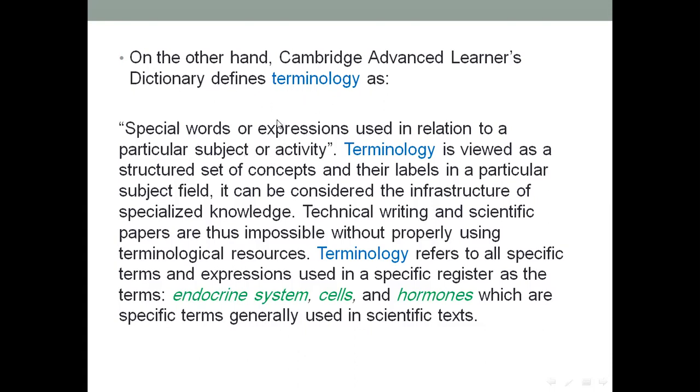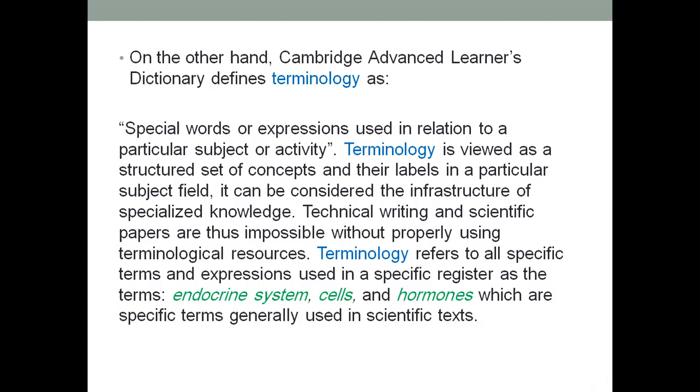These expressions are related to one subject, a particular scientific study. The collection of these terms that is related to a specific science is called terminology.